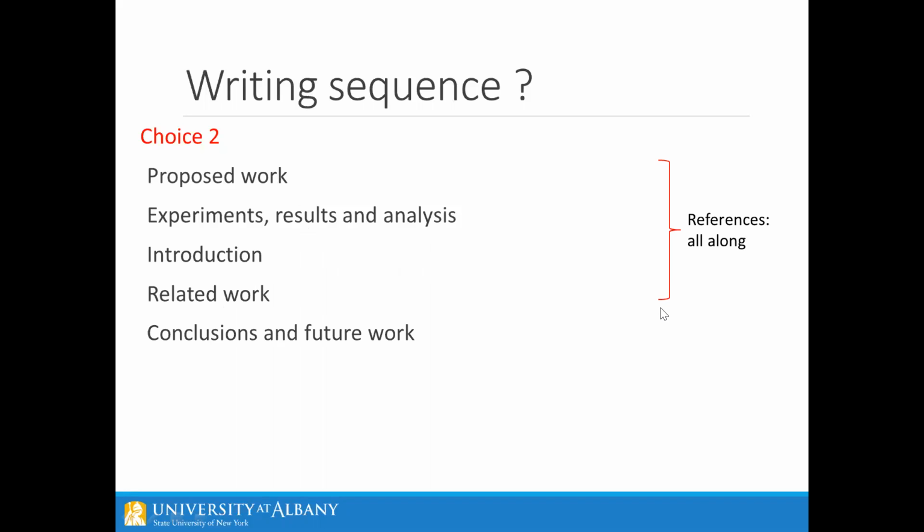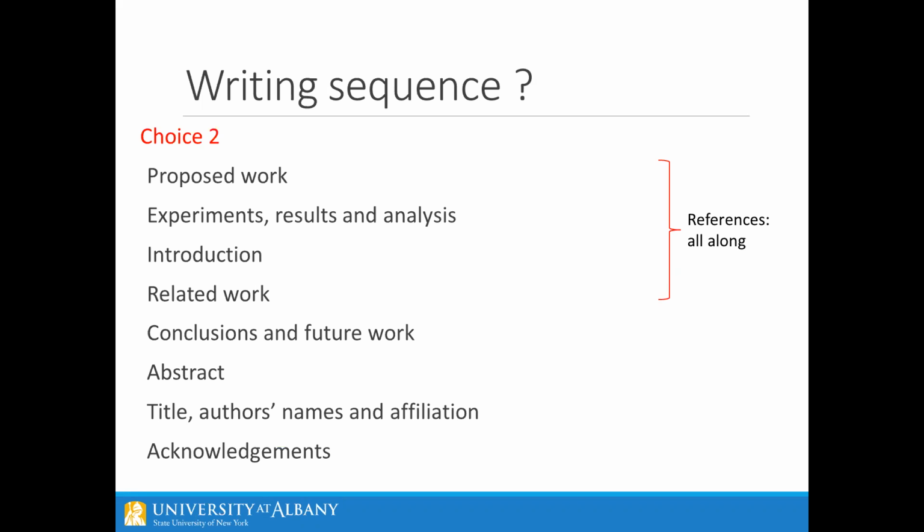So as you're writing these, you're citing references, and they will keep on adding. Okay, conclusion, future work, and abstract, we generally don't put any reference. Okay, and then author names, affiliation, etc., acknowledgement. So this could be a second strategy of writing. Which one is better? I mean, we can't say one is better than the other.